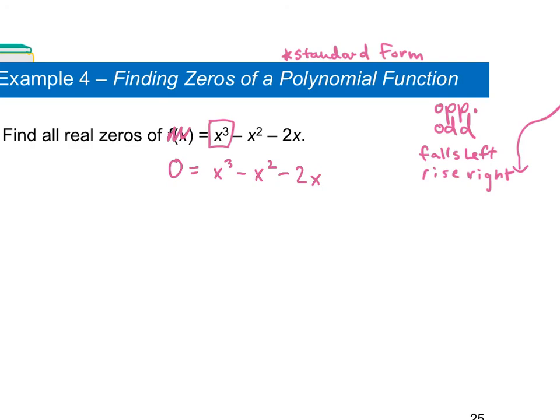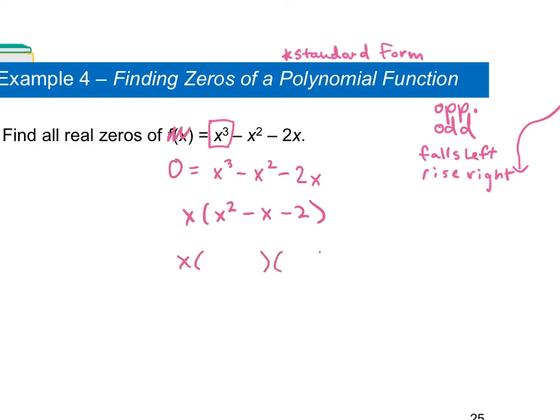We're going to have to factor, but what can we do before we factor? Do we have anything in common between the three of these terms? We have an x, so we can pull out an x. So then we're left with x squared minus x minus 2. And now we can factor.